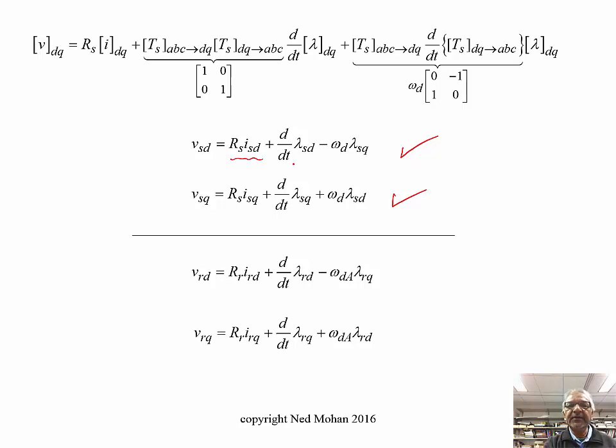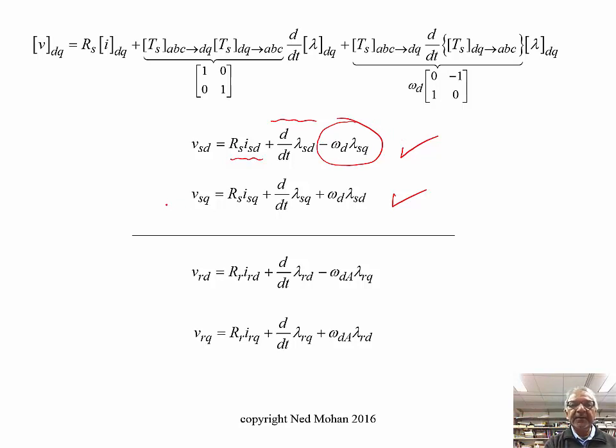Then it has this time derivative term of lambda SD, the flux that is linking it, but it also has coupling from the Q axis, and that is by this third term here. It's called the speed term, minus omega d, which is the speed of d axis with respect to stationary A axis, times the flux in the stator Q winding. So that is something to remember.